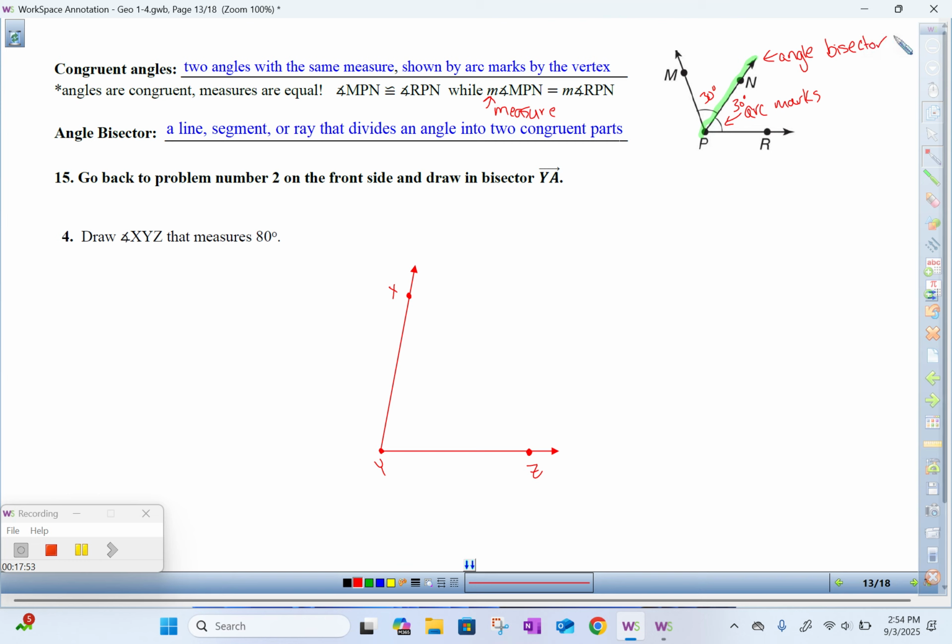And we're going to write out kind of what happened up there. We would say ray PN, just for practice, bisects, and then we're going to say the angle outside. It cut this big angle inside. So angle MPR.